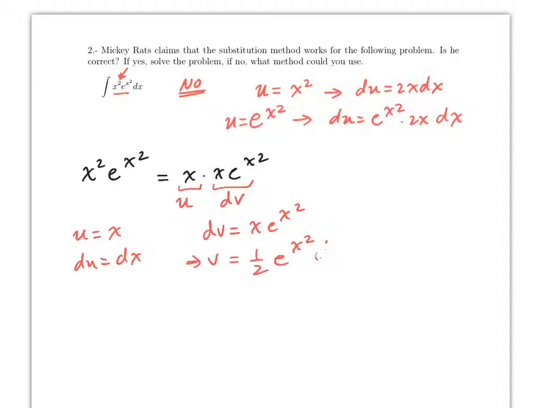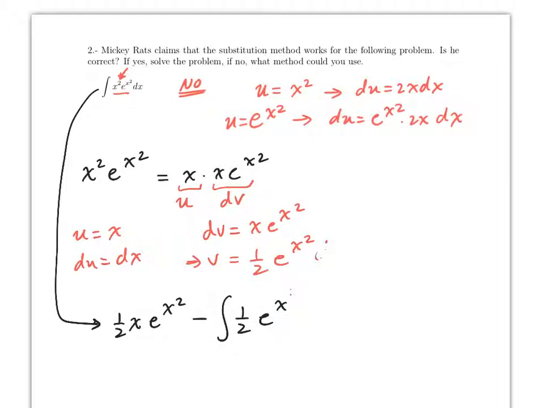And if we use the formula for integration by parts, then this integral will give you uv, which will be 1/2 x e to the x squared minus v, which again is 1/2 e to the x squared du.